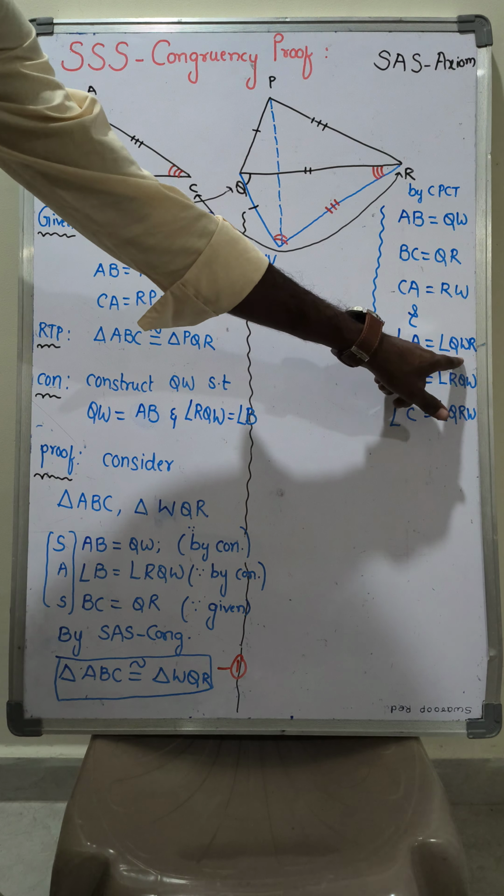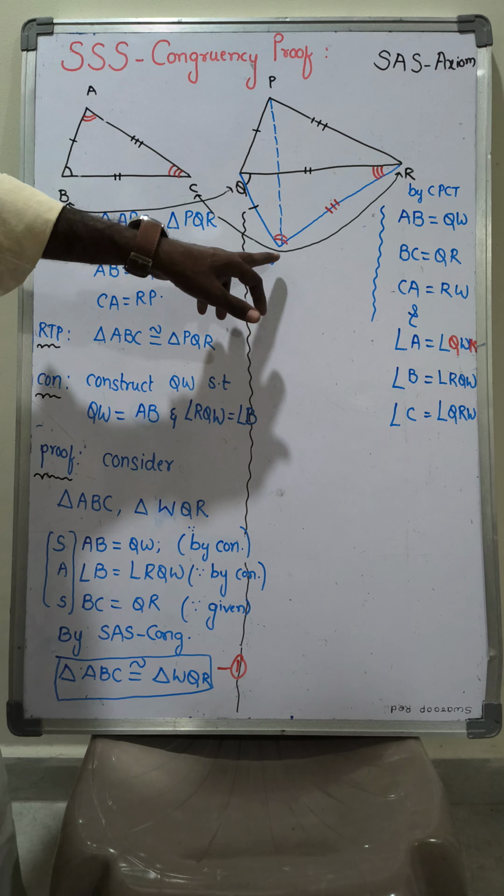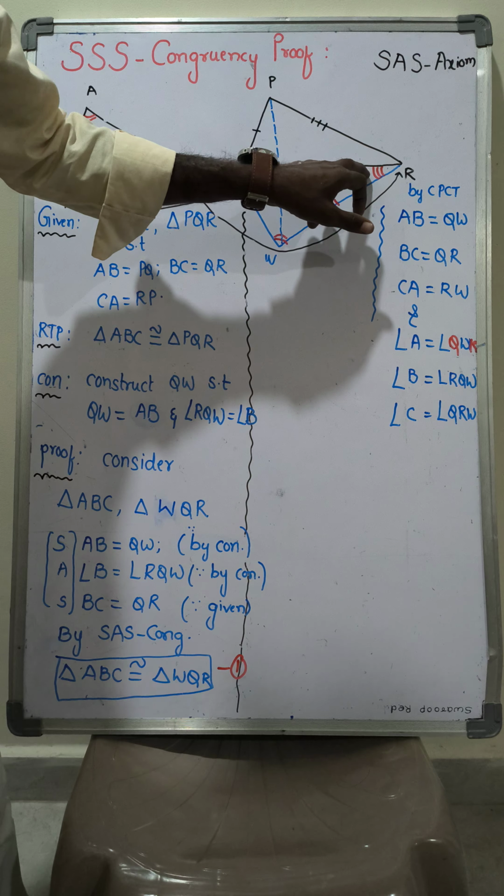Next, angle B is equal to angle Q, but Q creates ambiguity. So therefore I can write angle RQW, and angle C is equal to angle QRW, this angle.